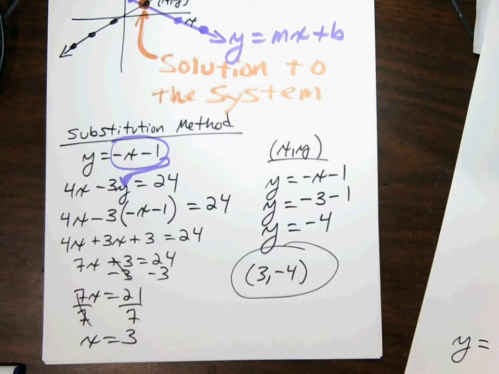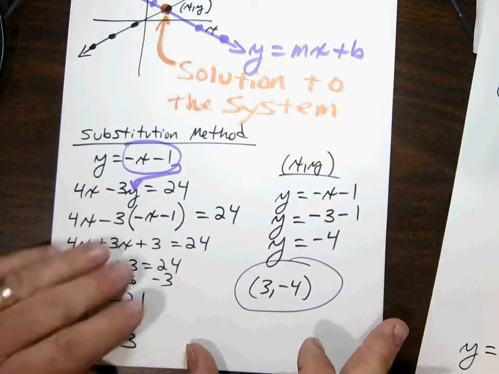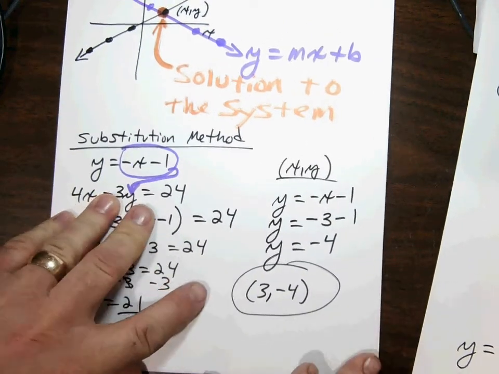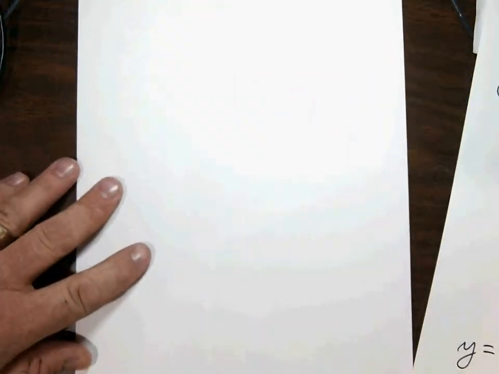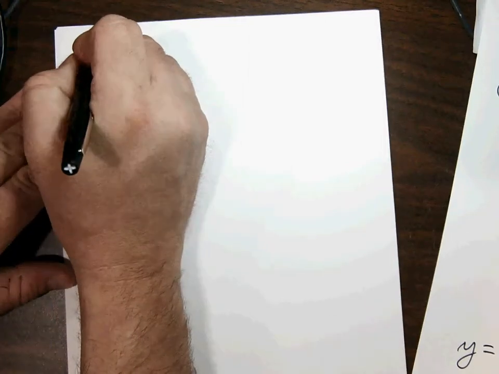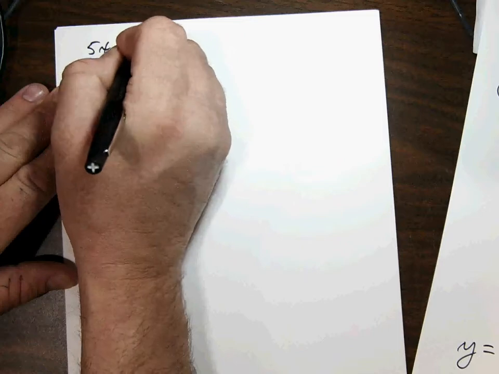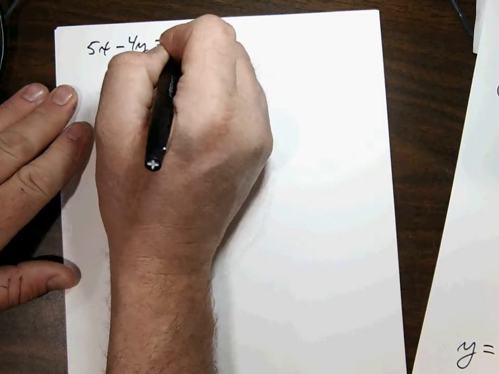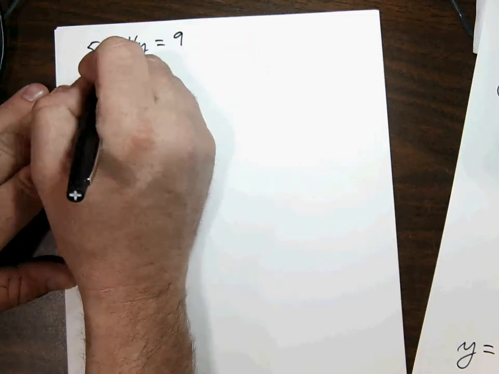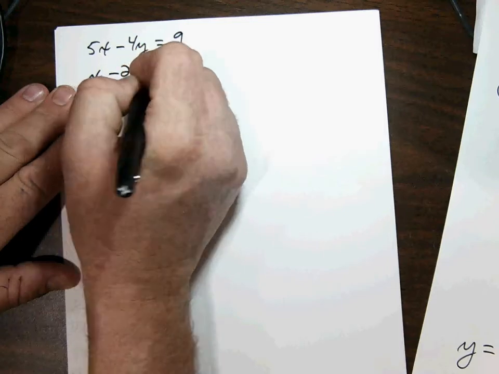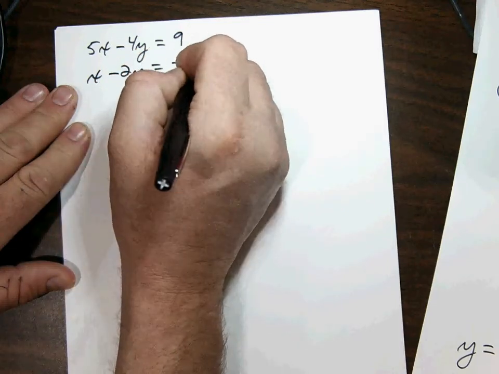All right, let's do another one. Substitution method. Let's do one where we have to kind of make a choice here. 5x minus 4y equals 9. x minus 2y equals negative 3.